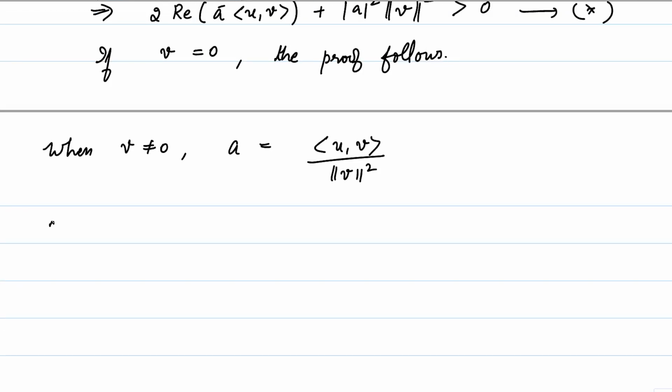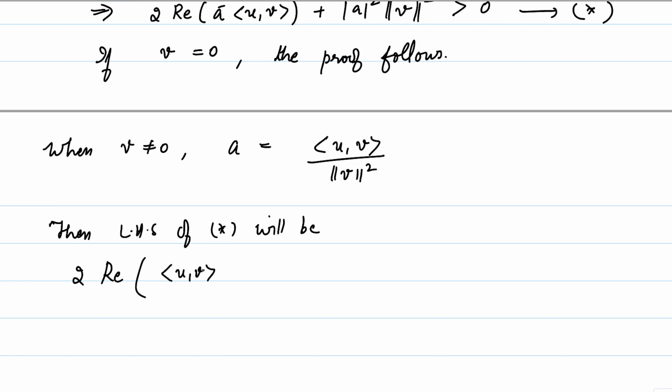Then the LHS of star will be 2 times the real part of a bar times the inner product of u comma v, where a bar will be the inner product of u comma v bar by the length of v square. The length of v is a real number, so this is just a real number times the inner product of u comma v.